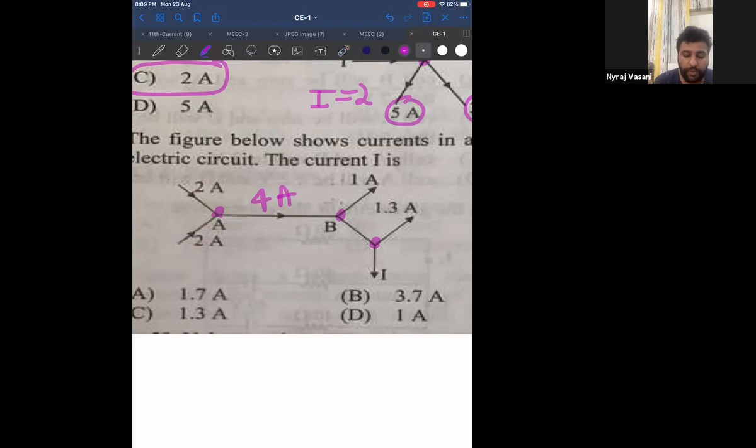Now coming to node B. Tell me, what is the total current entering node B? Total current entering node B is 4 ampere itself. The total current leaving will be here and here. So out of 4 ampere, can I say 1 ampere has gone here? Therefore, what is remaining here is 3 ampere.